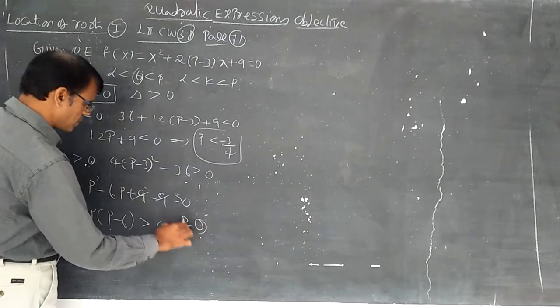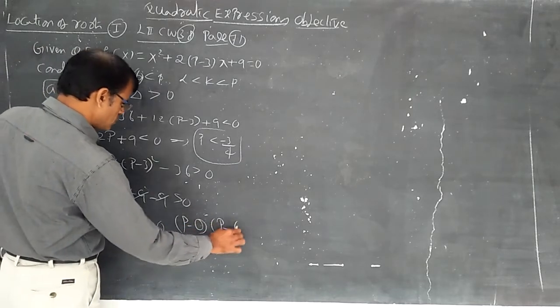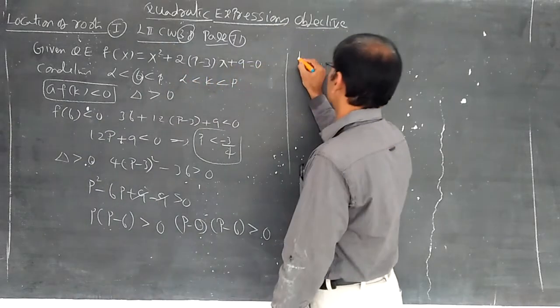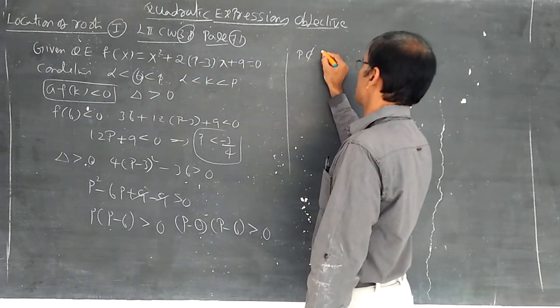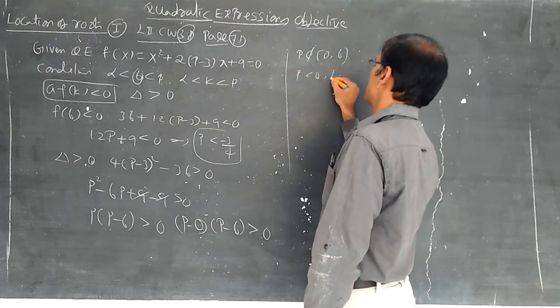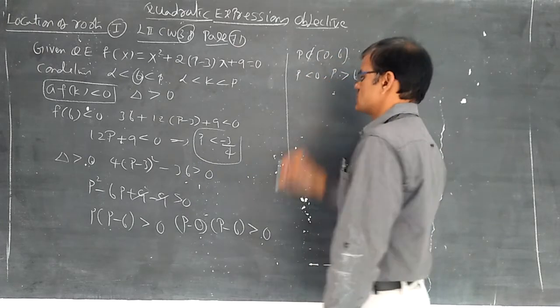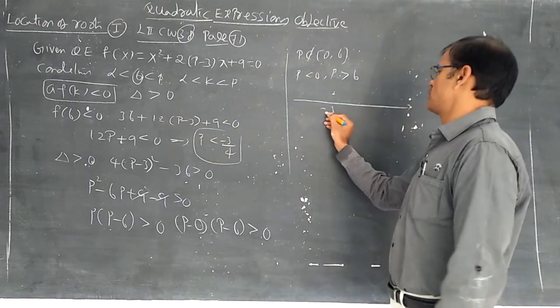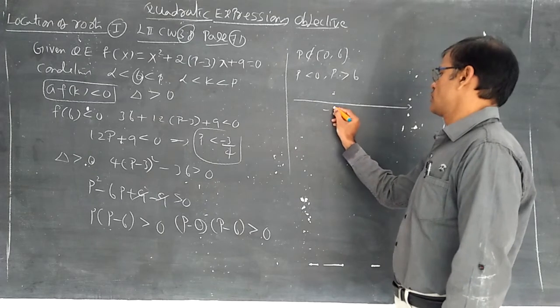So p does not belong to the closed interval 0 comma 6: p less than 0 or p greater than 6.